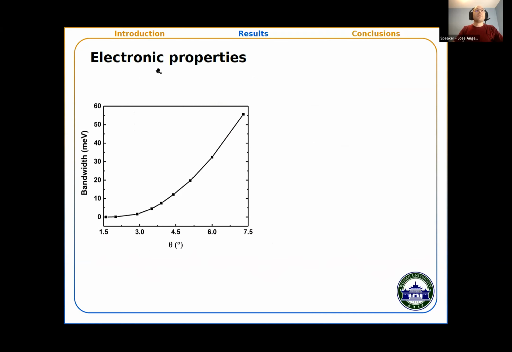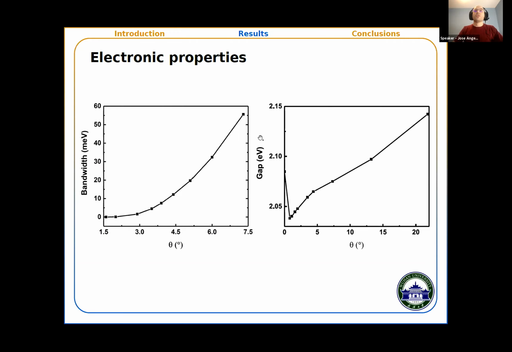So we can sum up our calculations for different angles in this plot where we show that the bandwidth goes down with the twist angle. We can also see that the gap of the system is going down with the twist angle.